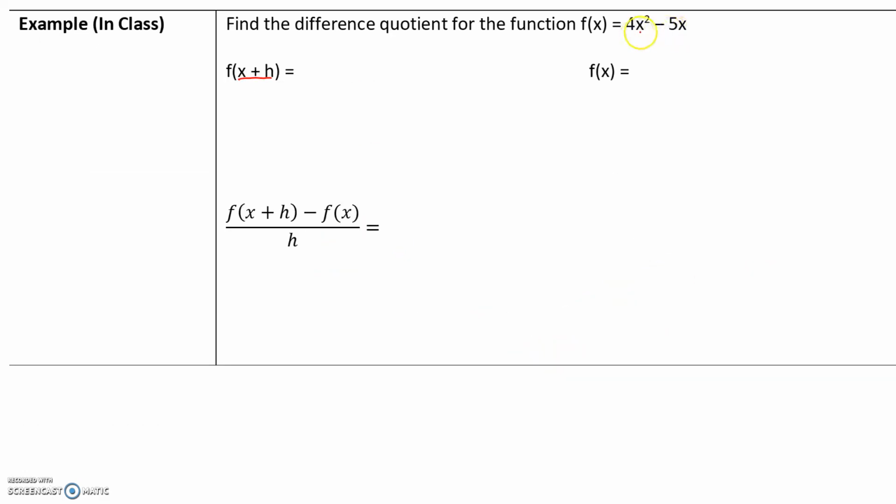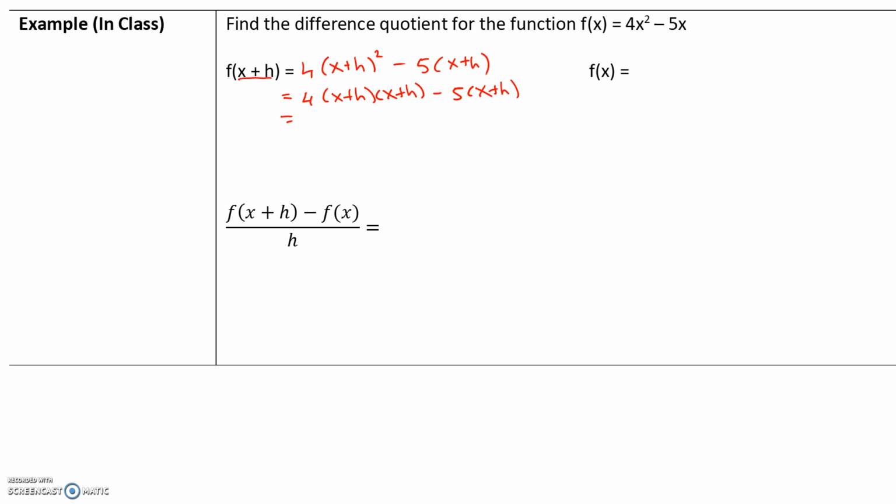Each of the x's is going to get replaced with the input, which is now x plus h. So we have 4 times x plus h to the second power minus 5 times x plus h. Again, all I'm doing is I'm replacing each of the x's with this input. Okay, let's simplify. This is 4 times x plus h times x plus h minus 5 times x plus h. To save some time, I'm going to distribute, and you can work that out yourself.